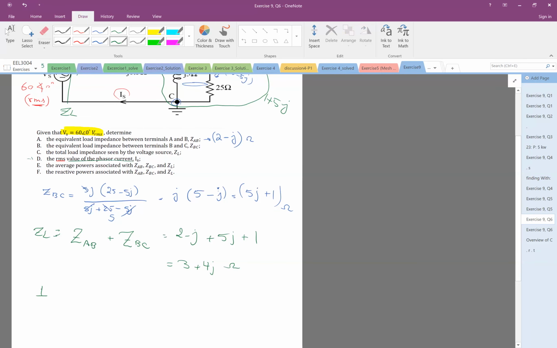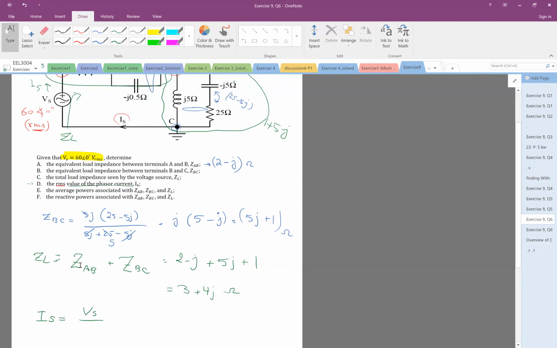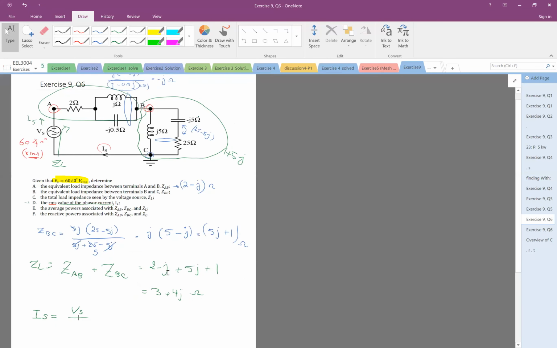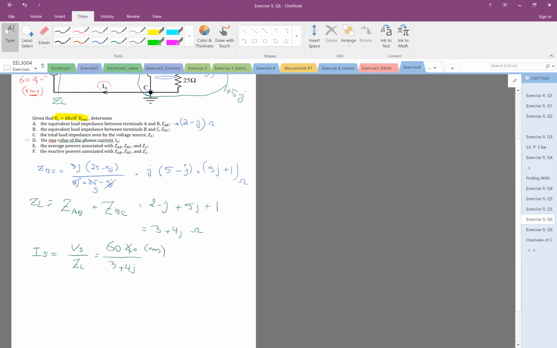So IS is basically VS over the whole Z. V of S is 60 with the angle of 0. Remember, this is RMS. And then Z of L is 3 plus 4J. Because we are dividing them, we have to convert this to polar form. So 60 with the angle of 0.